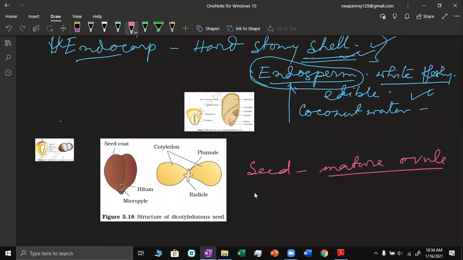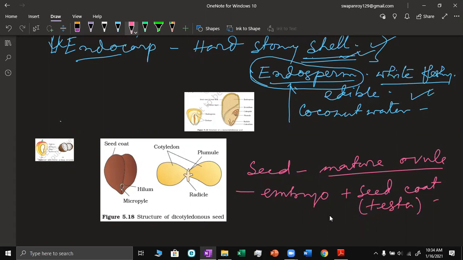And a seed consists of an embryo plus seed coat, or it is also known as testa.